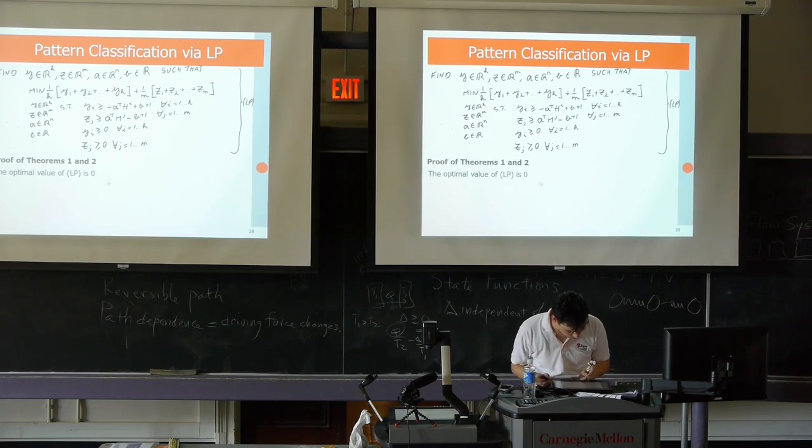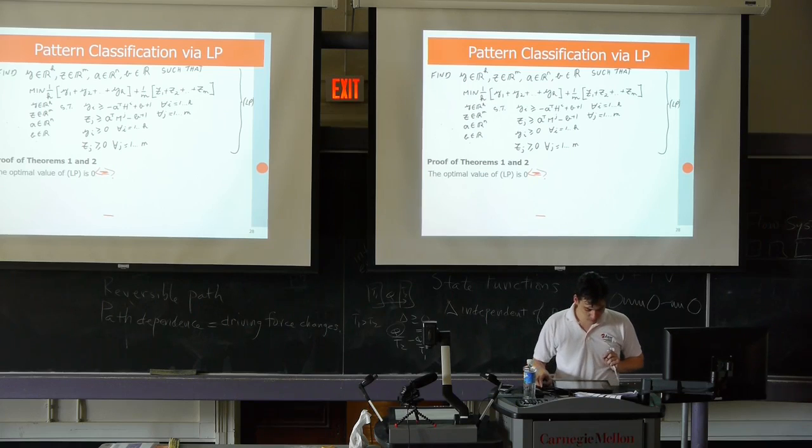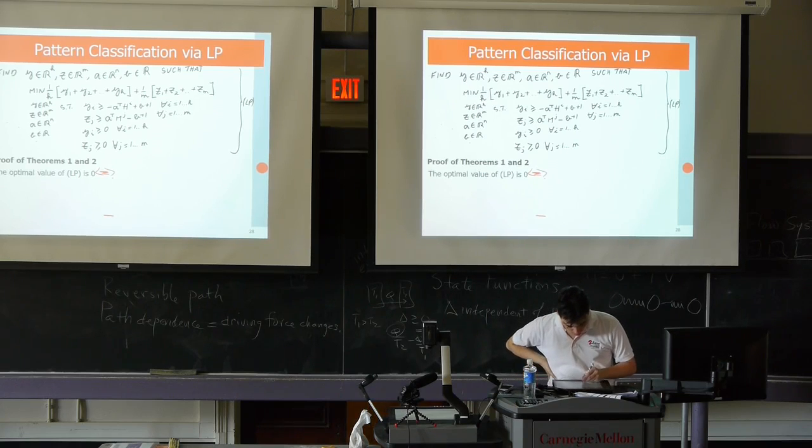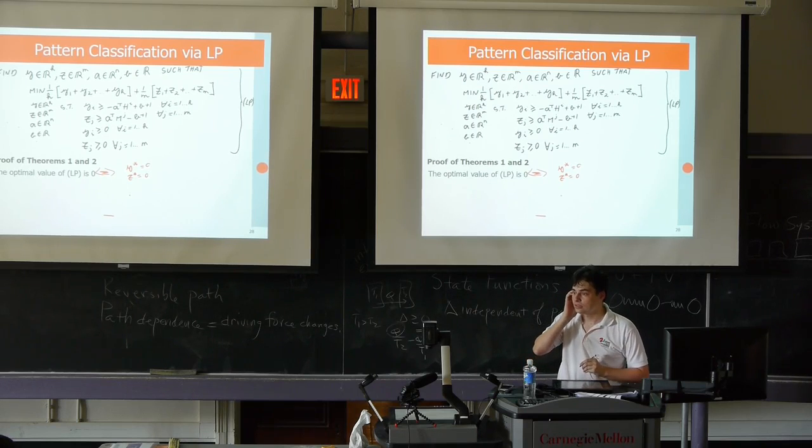Right, so this is what we can see. The optimal value of the LP is 0 if and only if phi star is 0 and Z star is 0. We know that.